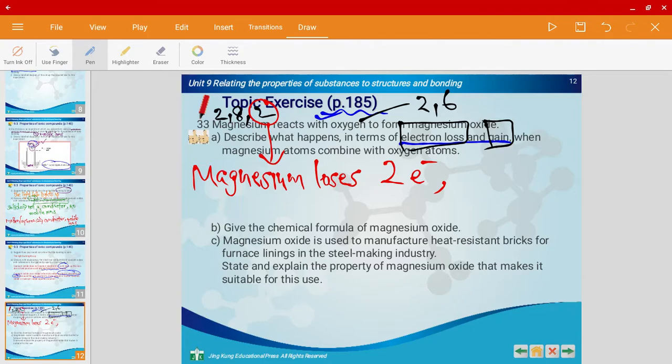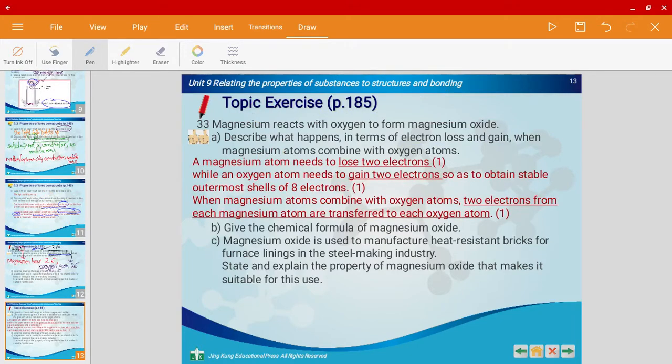Yes, oxygen would need to gain 2 electrons. So it becomes 2, 8. Okay, so let's go ahead and read it. As I mentioned, magnesium atom would need to lose 2 electrons, while oxygen would need to gain 2 electrons in order to obtain a stable outermost shell of 8 electrons. Okay, you can read it by yourself.